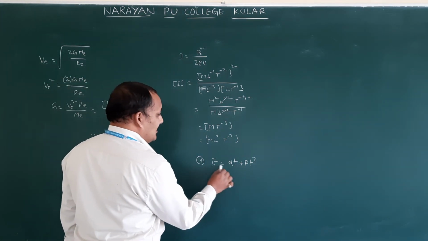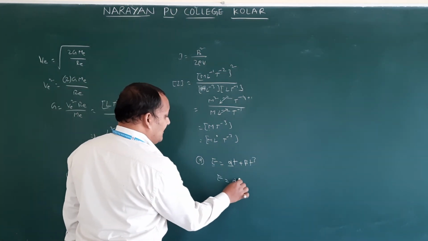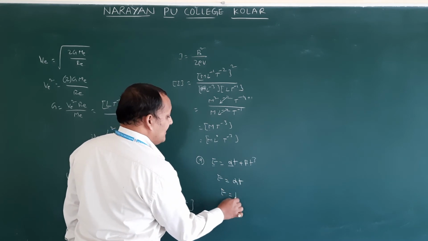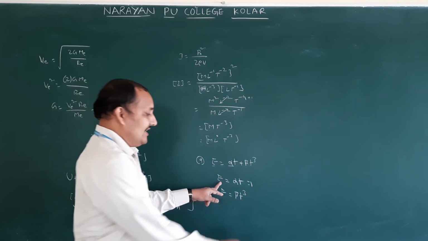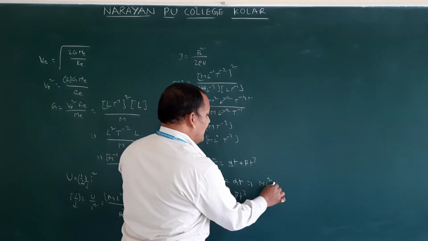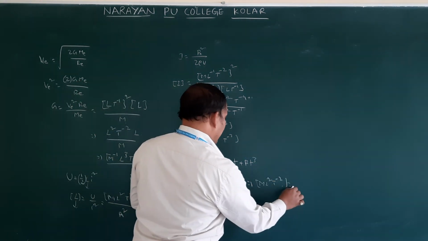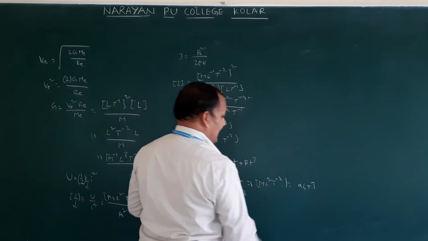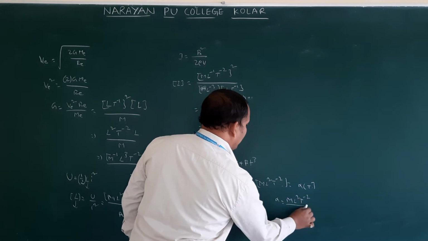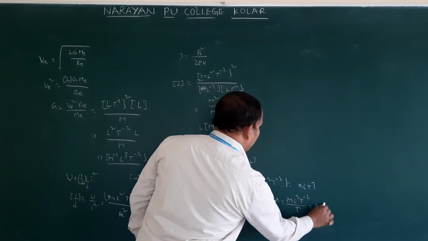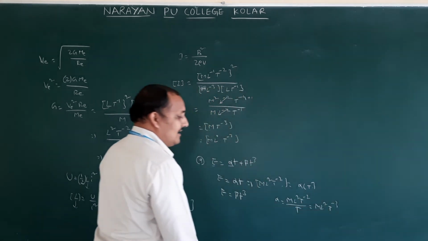According to the homogeneity principle, we will write E is equal to alpha t, E is equal to beta t cube. What is E here? Energy. Energy dimension formula M L square T power minus 2. So alpha t, then alpha is equal to M L square T power minus 2 by t. So M L square T power minus 3.